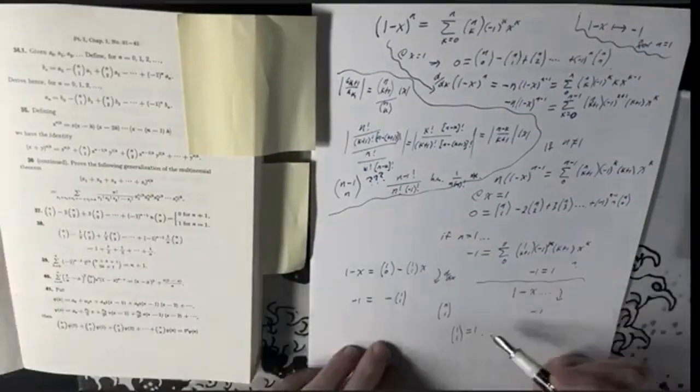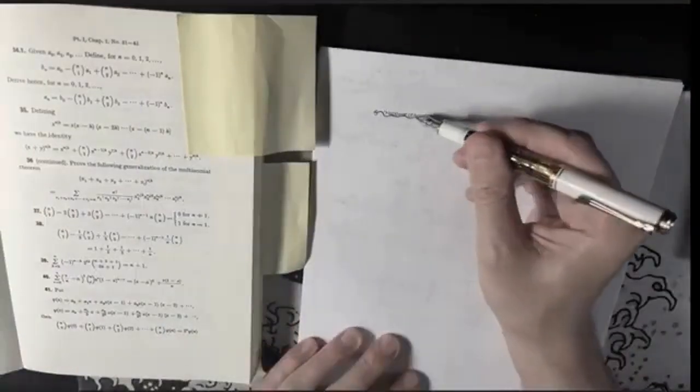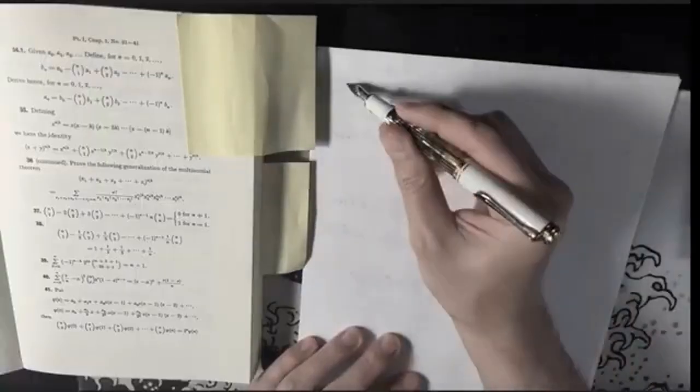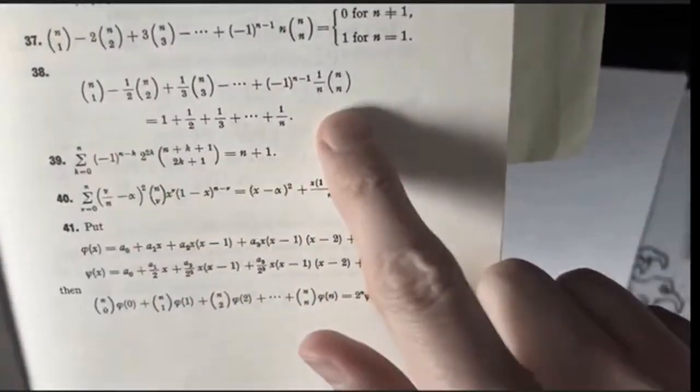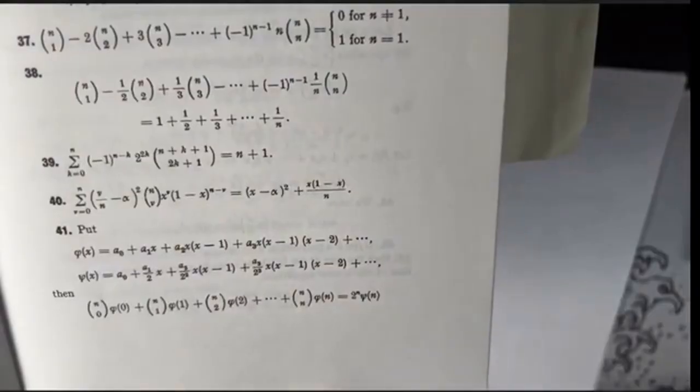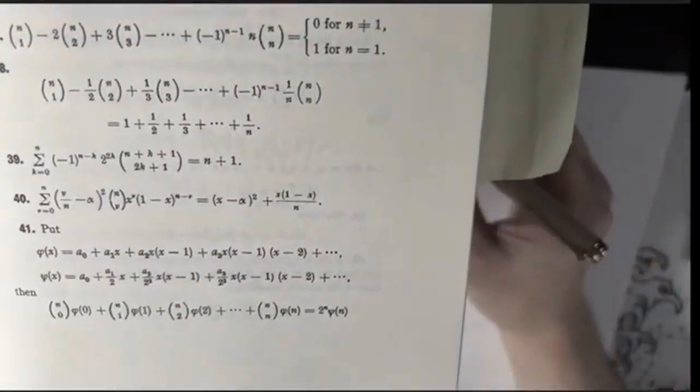So 38, I don't know. 38, the question says, if you take, it's sort of like the same thing, but with a harmonic series. So I'd imagine it involves integrating.